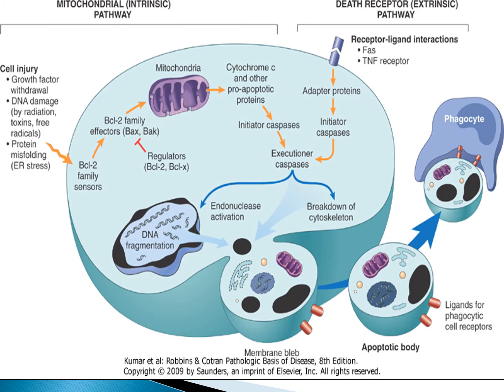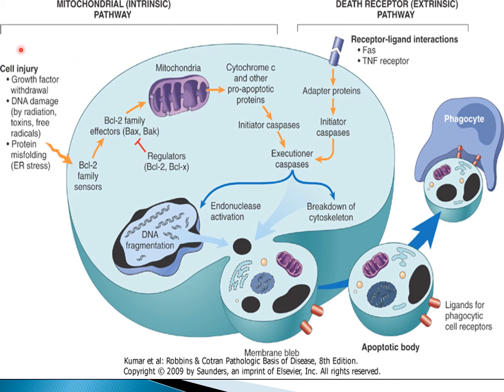So in summary, we have these two pathways of apoptosis, the intrinsic pathway, the mitochondrial pathway, and the death receptor pathway or extrinsic pathway, but both of them will converge at the end by the activation of executive caspases that will lead to breakdown of the cell, activation of endonucleases with the fragmentation of the DNA, and the start of formation of these apoptotic bodies that will be recognized by the phagocytes to get rid of them.